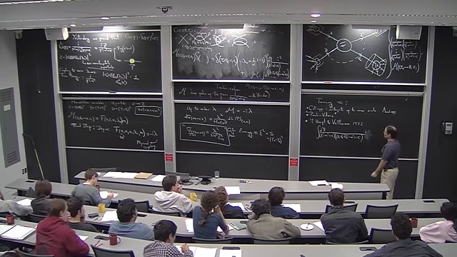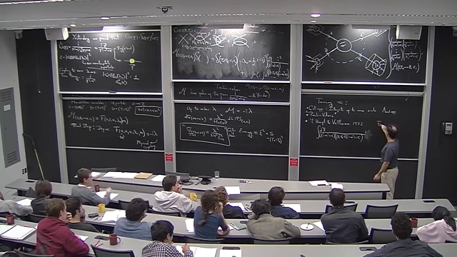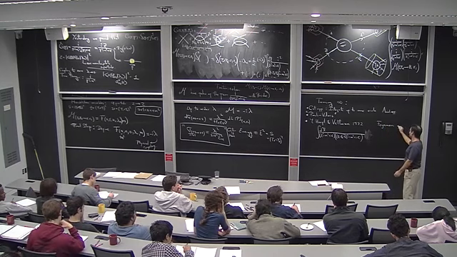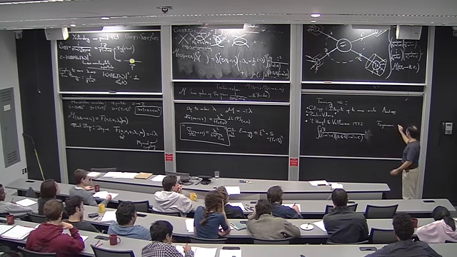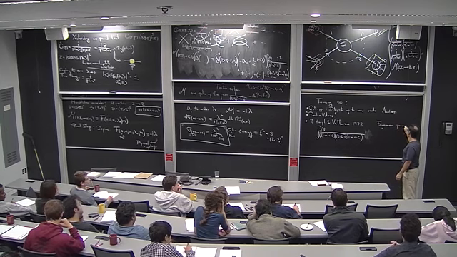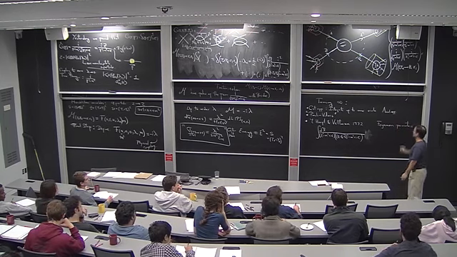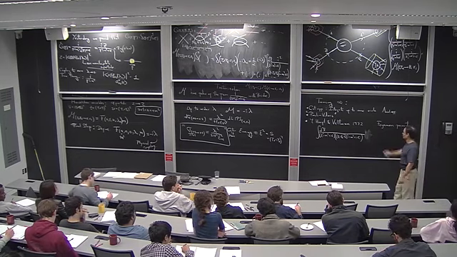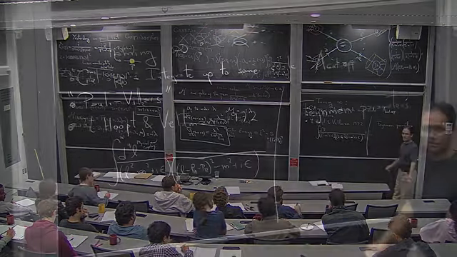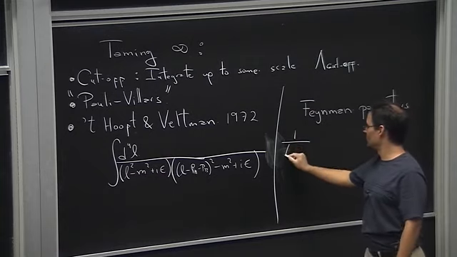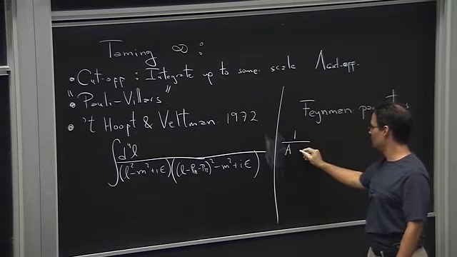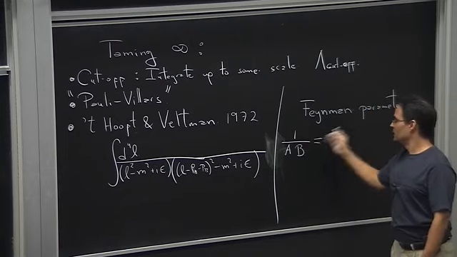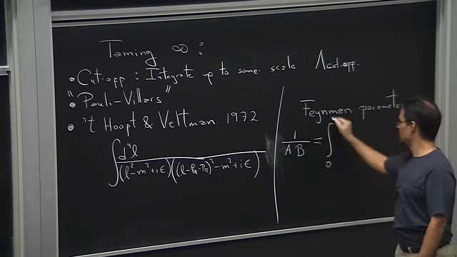But Feynman, once again, came to the rescue and made a very simple observation, and introduced something that is now known as Feynman parameters. The basic observation he made was that the following identity could be useful. If you have any two numbers, A and B, you can write this as the following integral.